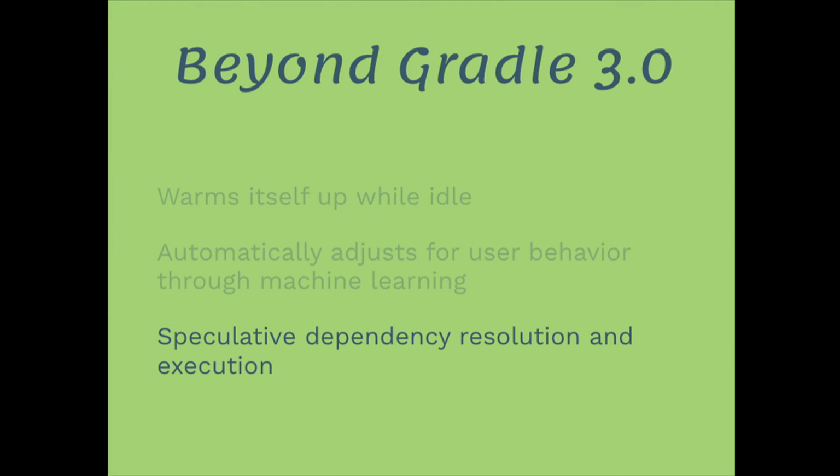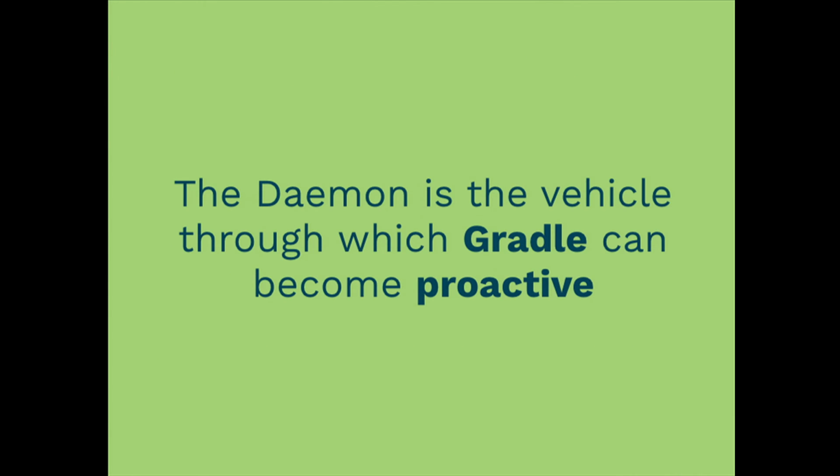And then we can start to get into speculative dependency resolution and task execution. You must realize that the daemon is the vehicle through which Gradle can be proactive about things. Okay. So that's a taste of the future.